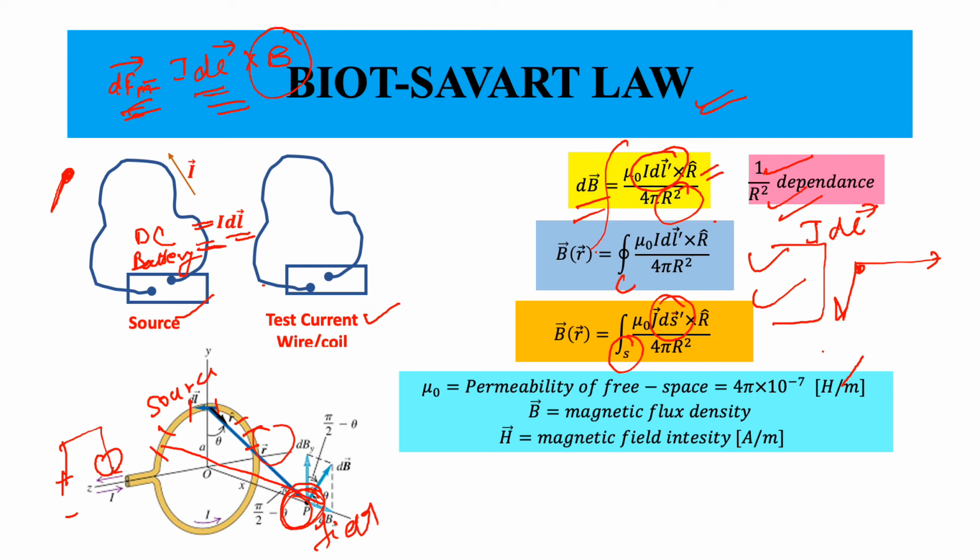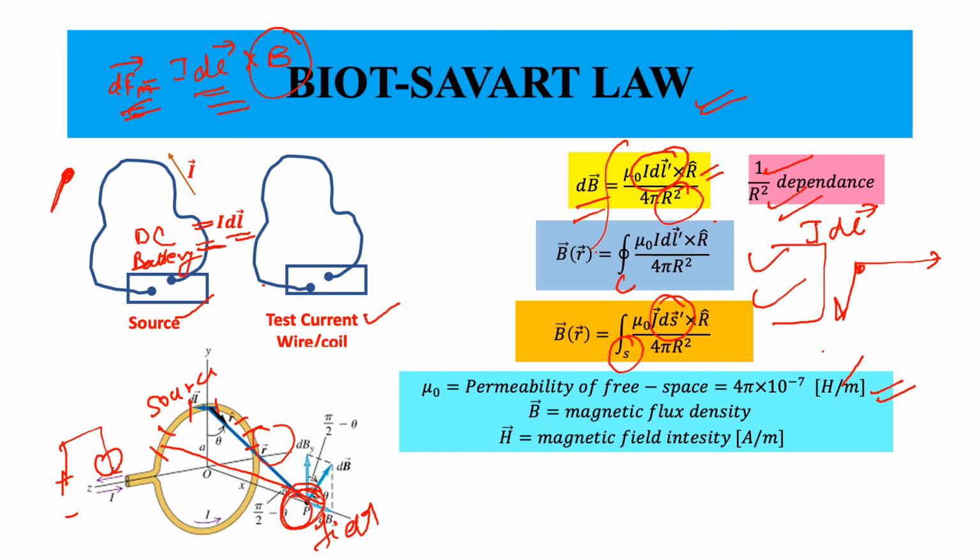Again, you should suspect that just like epsilon naught was related to capacitance, mu naught would be related to inductance. You will be right. So the inductance is measured in Henry, and this mu naught is measured in Henry per meter.